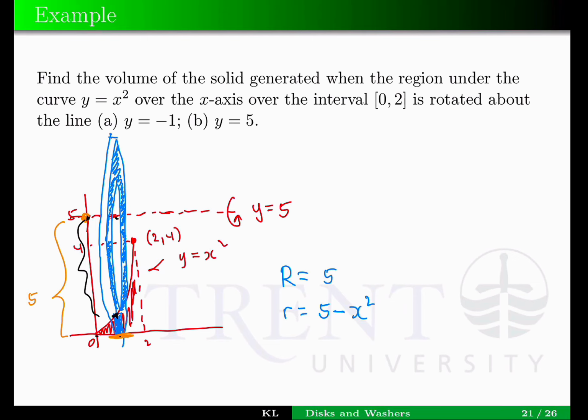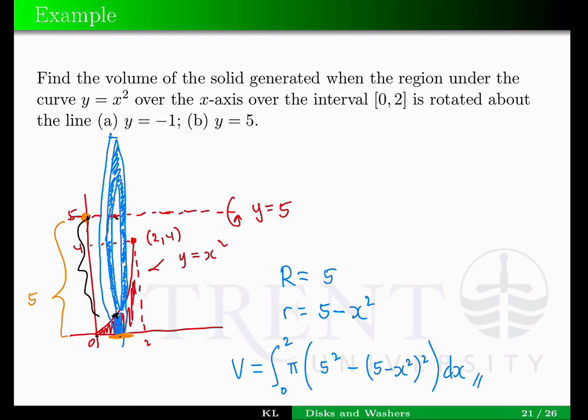Which means, I'm just going to set this up. The volume will be the integral from 0 to 2 of pi times the bigger radius squared, 5 squared, minus the smaller radius squared, 5 minus x squared, dx.